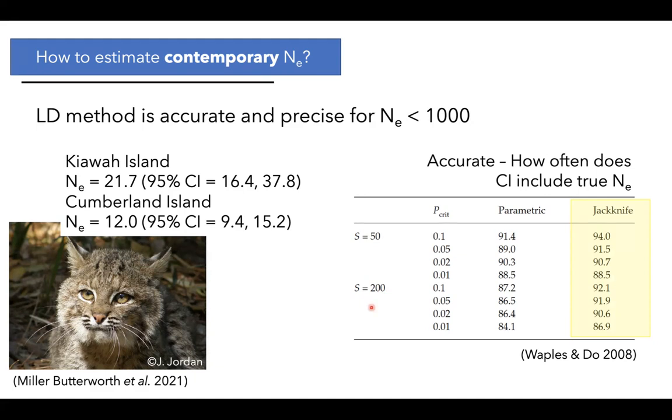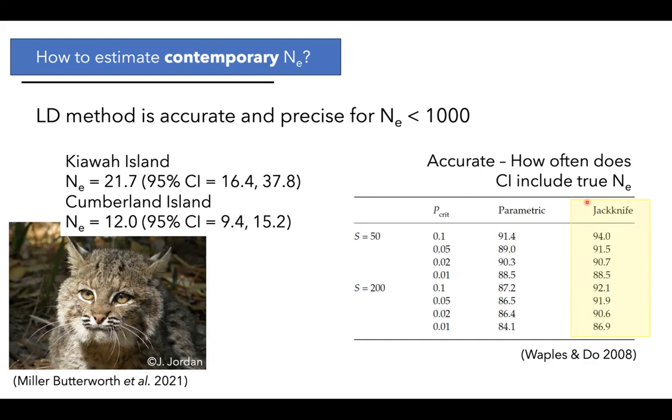They estimated NE, and they also estimated error around that estimate of NE, right? So the 95% confidence interval. And what they found is that with one of the more often used ways of estimating the confidence interval, this jackknife method, around 90% of the time, the confidence interval included the true known effective population size. So that's pretty accurate. That's really good, right?